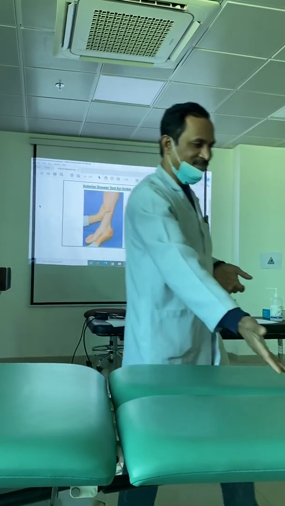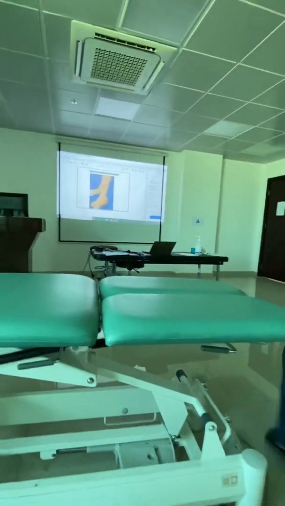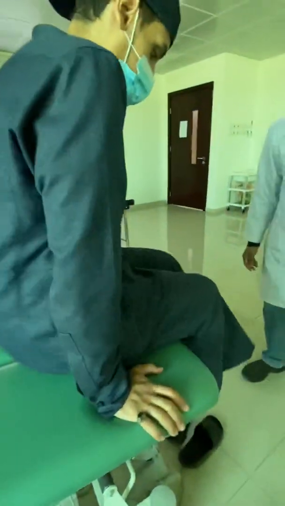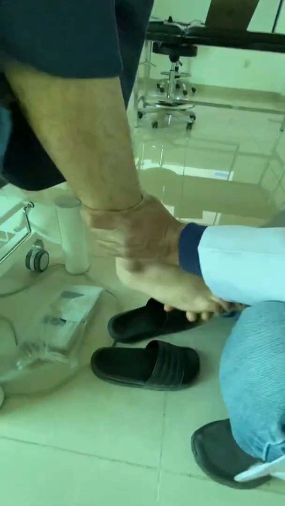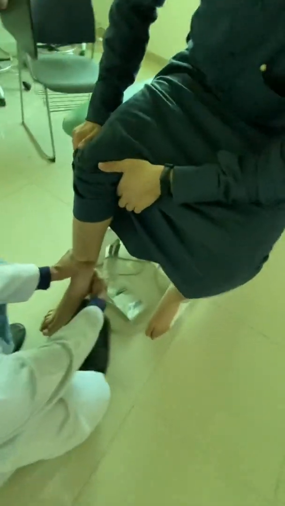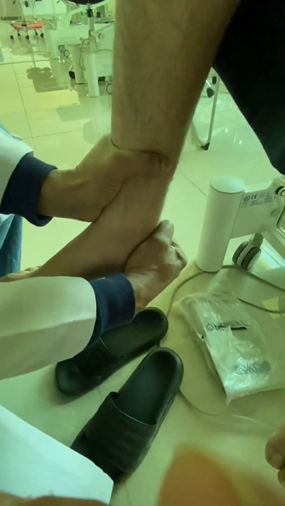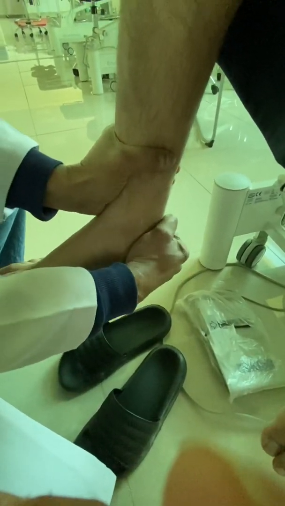Okay? Can you come here? So stabilize here, with 20-degree plantar flexion. Then have a cup here, hold it, and draw it anteriorly. Anterior drawer test.